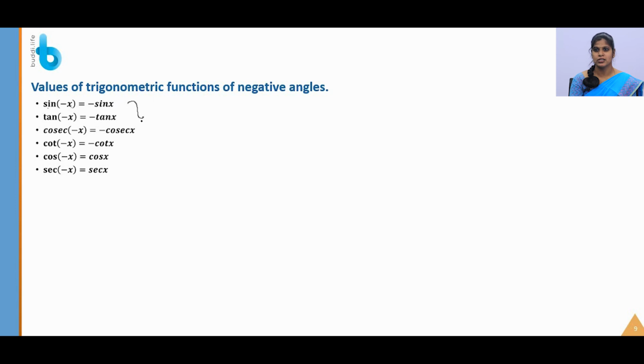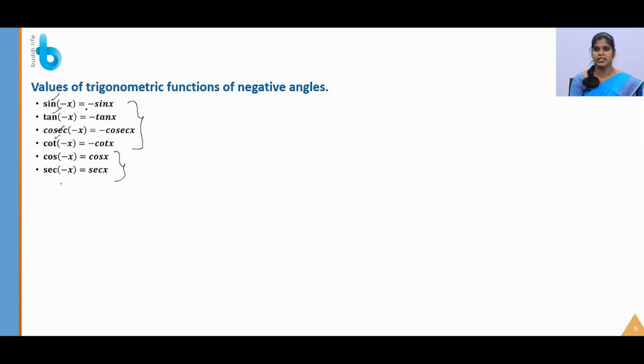So it all remains the same, that is, it all gets its minus sign in the function. That is, if the angle is negative, then the function will also be negative for sine, tan, cosecant and cot. Whereas for cos and secant alone, if the angle is negative, the function will remain the same. That is, cos of minus x will be cos x only and secant of minus x will be secant x only.